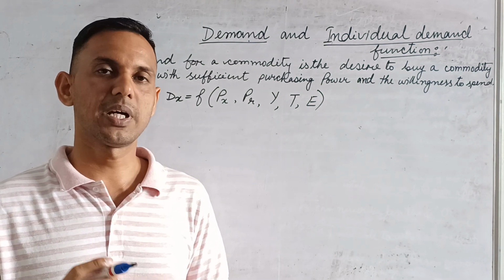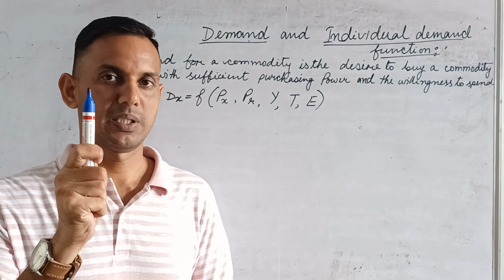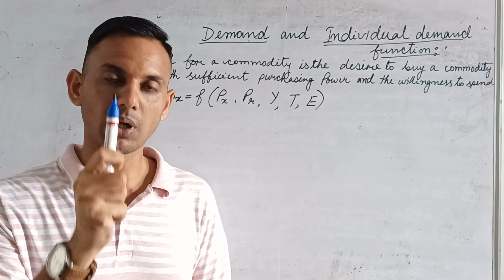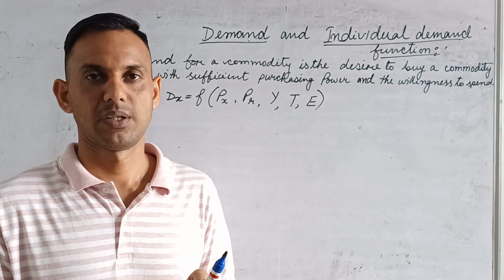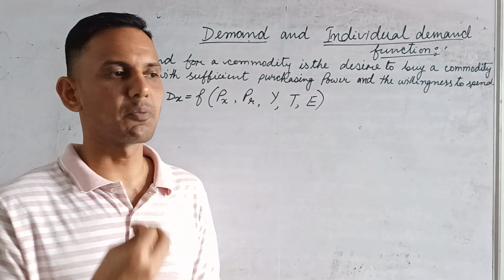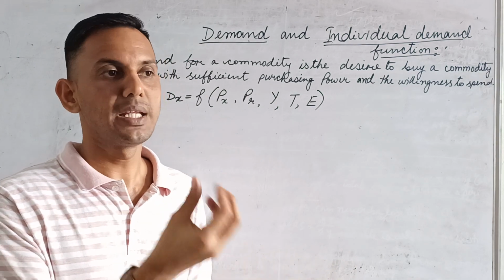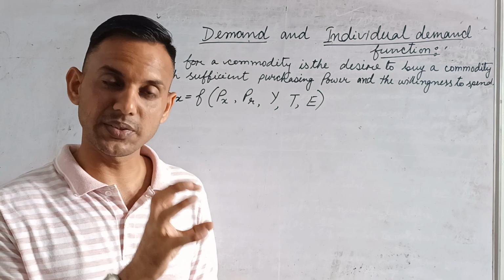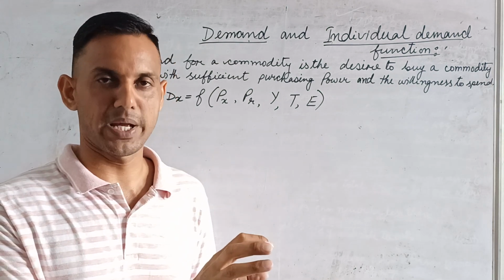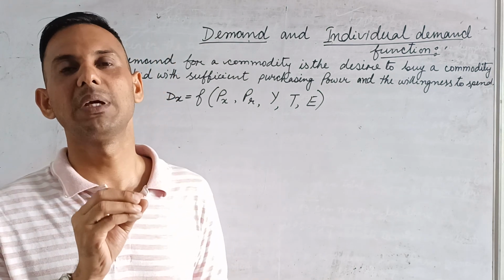Suppose I need this marker and I purchased it, it means I had the ability to buy. Sometimes if you say that you need this product, that is not actually demand. Demand is when you are interested, you are willing to spend, and you have the ability to buy.